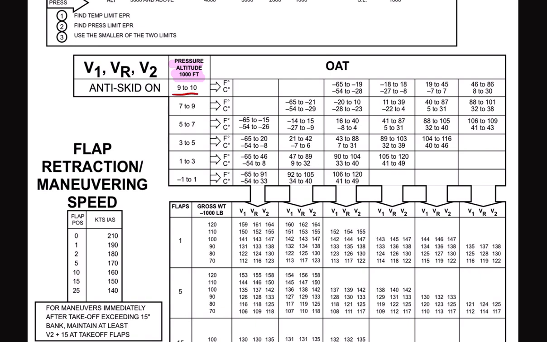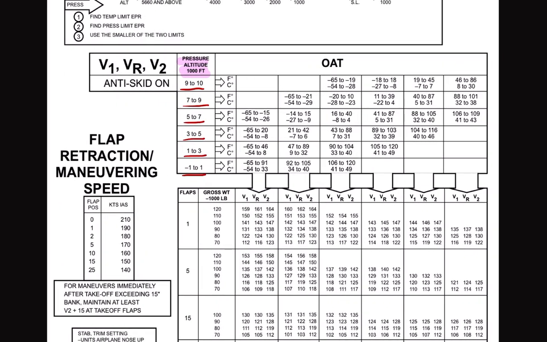So this box is 9,000 to 10,000, 7,000 to 9,000, 5 to 7,000, 3 to 5,000, 1 to 3,000, and then negative 1,000 to 1,000. We're only 500 feet, so we're gonna fall in this bottom box, and that means that we are looking at this row down here, somewhere in there.